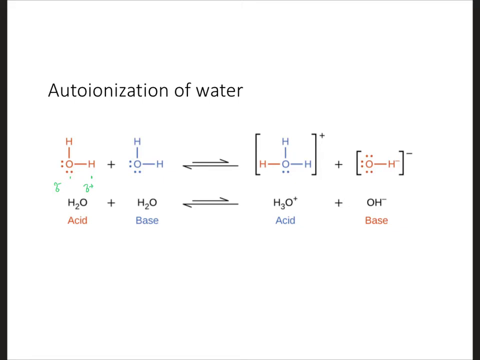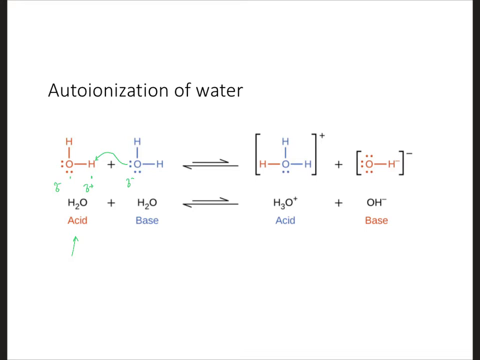So the acidic one, the one we have named to be the acid here, is going to have this proton leave because this lone pair of electrons is going to grab that proton. The base is able to accept a proton, doing that on its partially negatively charged side.